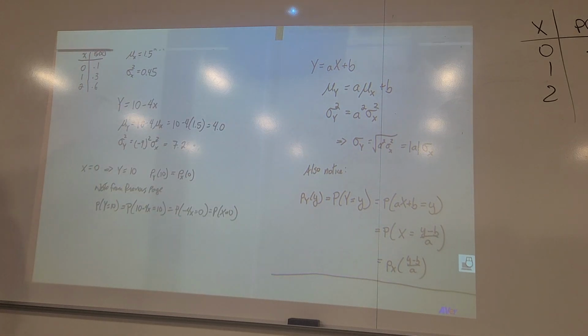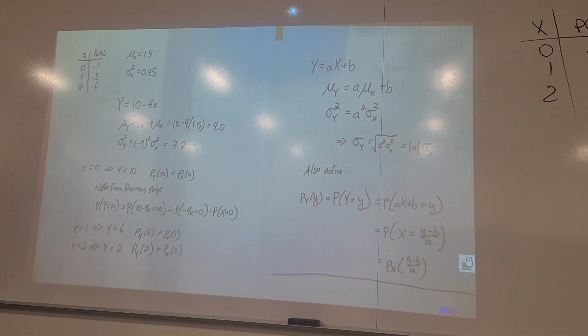Right? Similarly, when x is equal to 1, then y is equal to 6, right? So py of 6 looks like it should be px of 1, right? And x equal to 2 gives y equal to 2, so py of 2 is equal to px of 2, right?